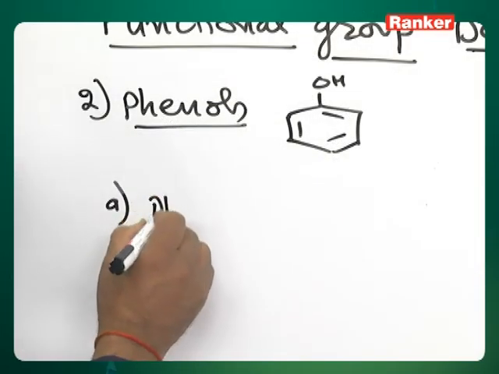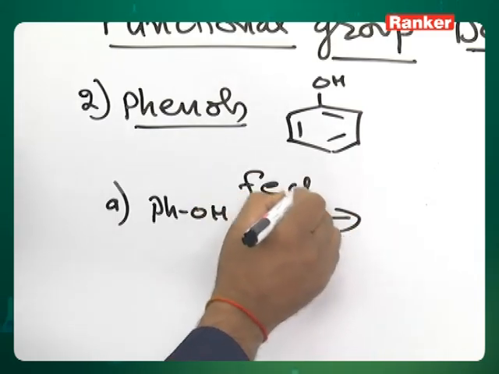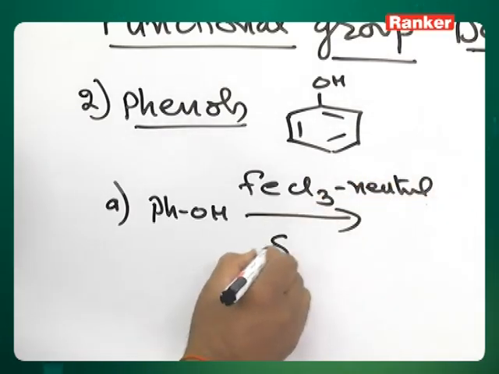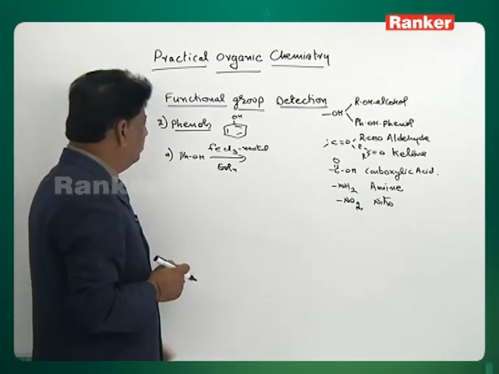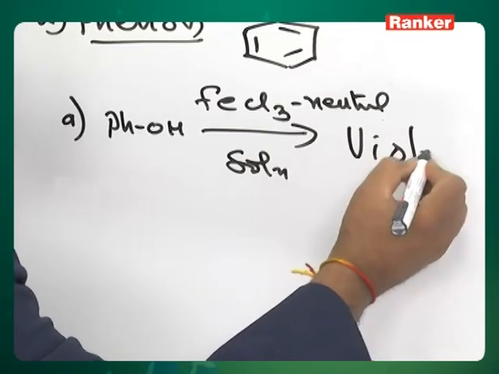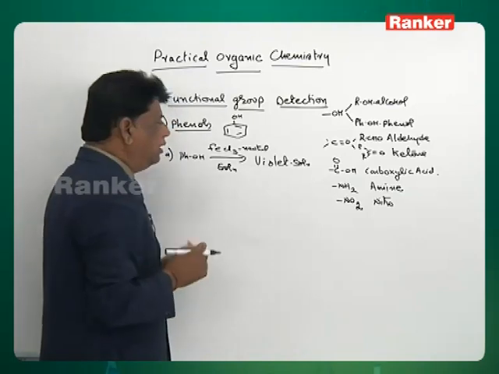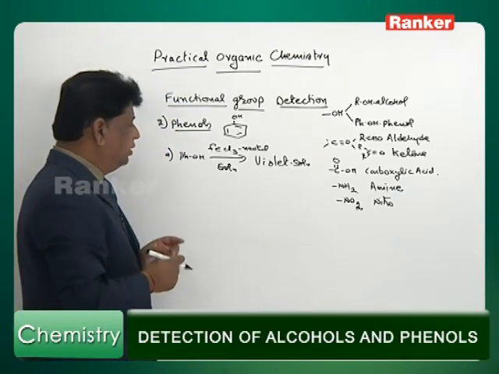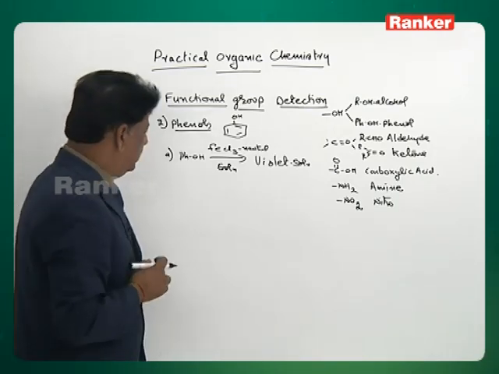One such reaction is when phenol is treated with neutral ferric chloride solution. Ferric chloride has a chocolate coloration, but when added to phenol, a violet color solution is formed. Dark violet, almost like black. When you add some water, you can realize it is a dark violet color.